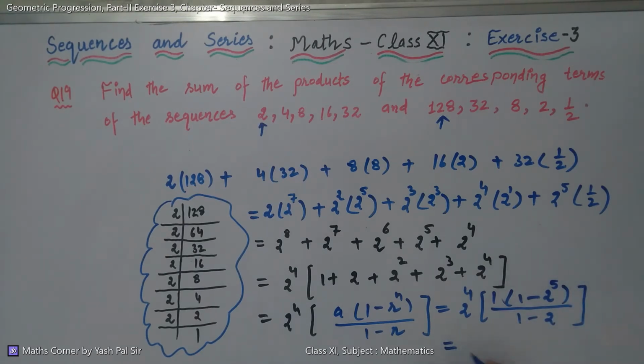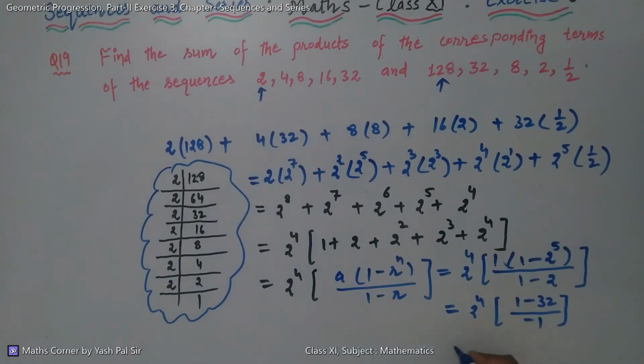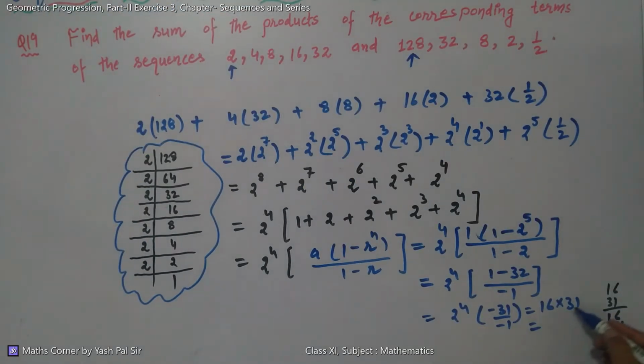So this becomes 2 raised to power 4 into 1 minus 2 raised to power 5, which is 32, divided by minus 1. So this is equal to 2 raised to power 4 into minus 31 divided by minus 1, that is 16 into 31. Multiplying 16 into 31, 496 is the result. Next question.